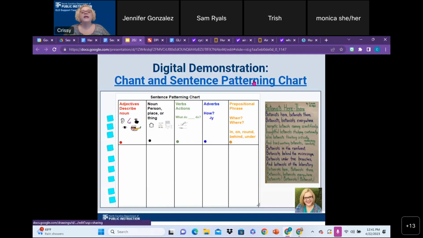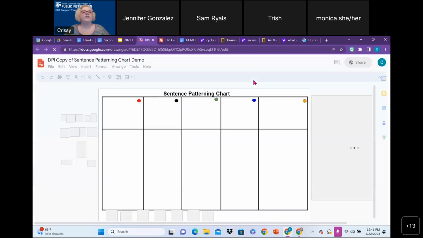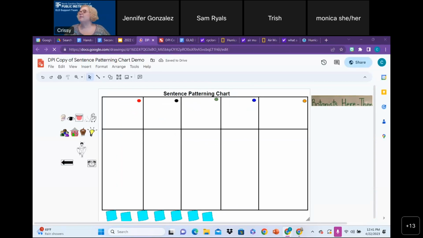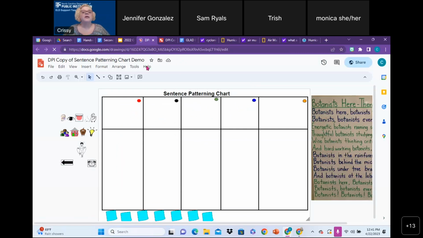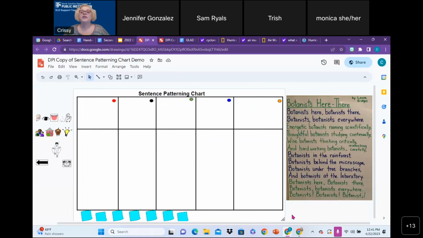So let's go ahead and do our sentence patterning chart. Here's our sentence patterning chart. We're going to start out with the chant. If you have the ability to turn on your camera, that would be really nice, because like I said, when we do the chants, we're going to do gestures with them. And I'd love to see you doing the gestures and saying the chant along with me.